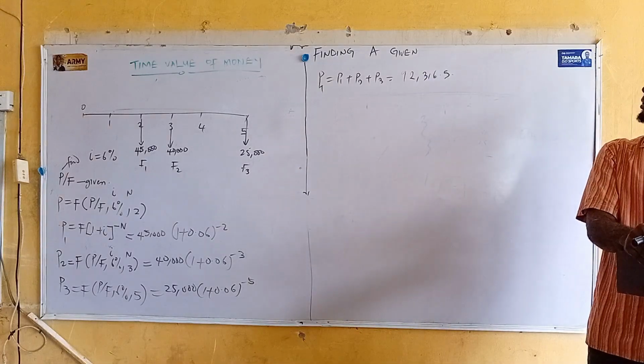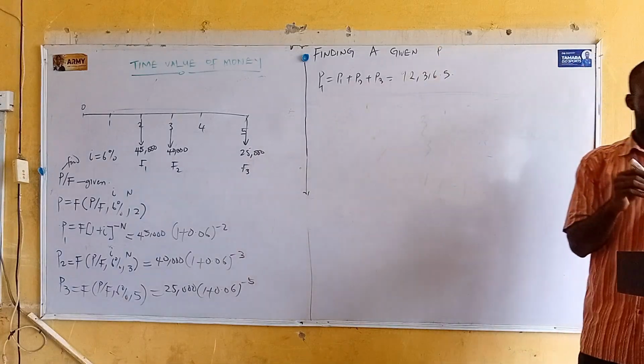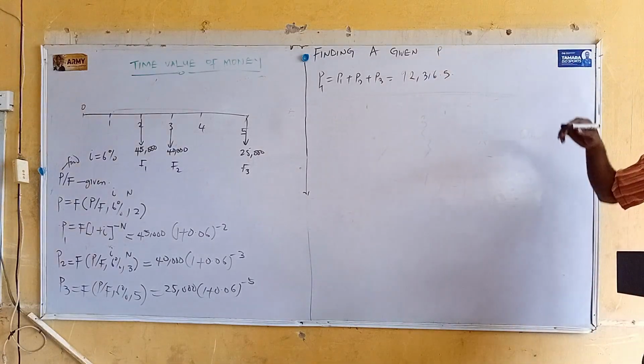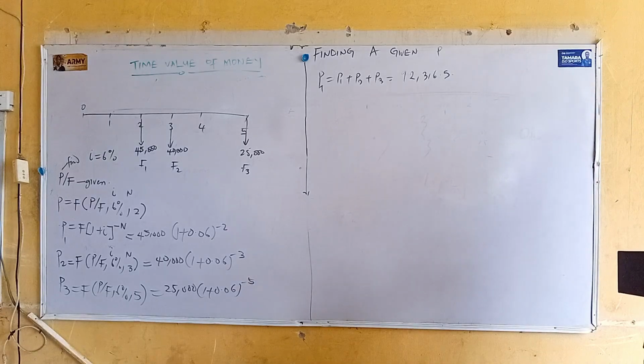Now let's look at how to find P given A. Remember, A is a series of consecutive equal amounts of money.